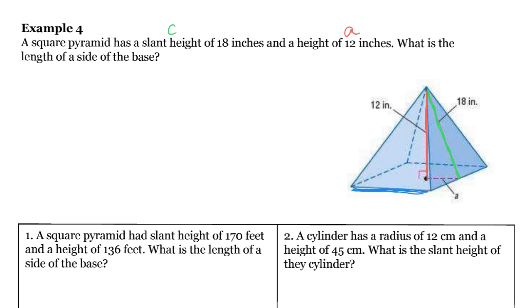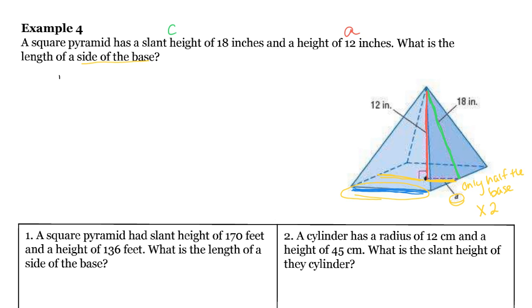But our A value is only from the middle of the triangle to the edge of the base. So it's only half the base. Our A. So whatever we get as our answer, we have to multiply it times 2, because 2 of our A's would go from one side of the base to the other. Okay, so that's really important. So whatever we get as an answer, we times it by 2 to find the actual length of the base, because that's what the question was.